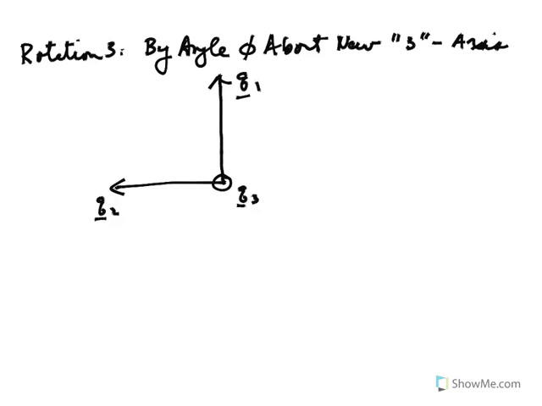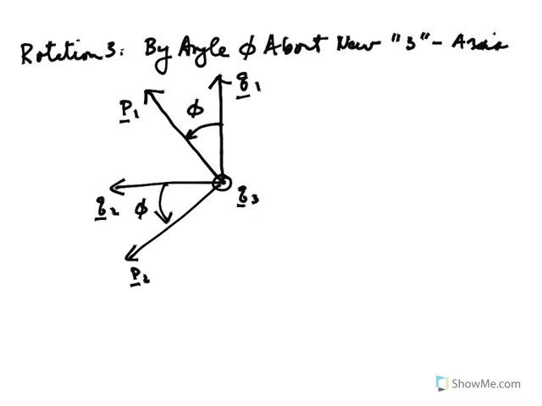And that puts me in this final basis, which is due to the rotation by the angle phi. So I'm rotating about the Q3 direction by this angle phi. And these new basis vectors are P1 and then P2, and then in order to keep everything in the same order here, this is P3 and Q3.